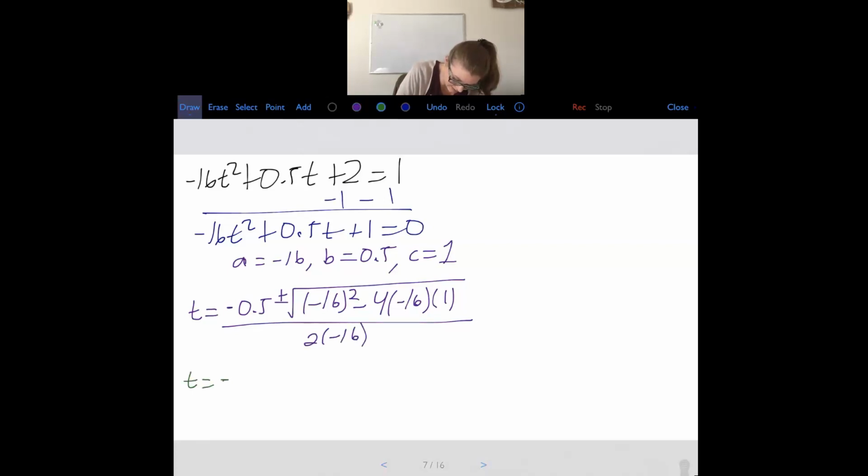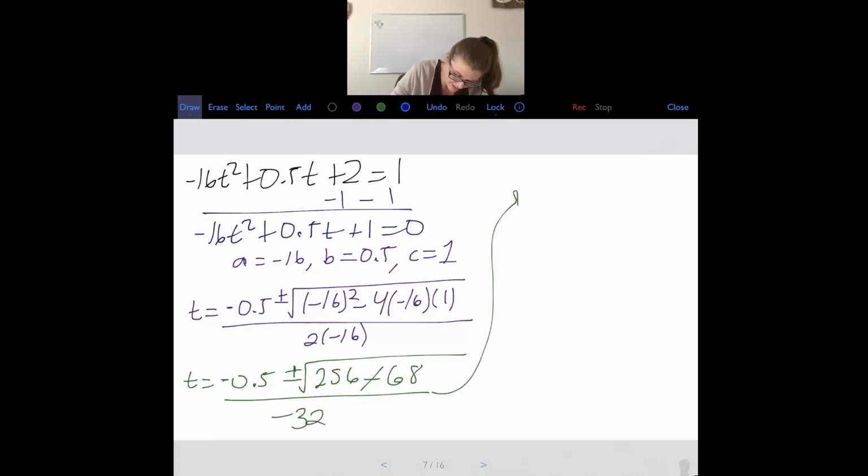t is equal to negative 0.5 plus or minus the square root. Negative 16 squared is 256. Then this becomes plus 68 over negative 32. So now I have t is equal to negative 0.5 plus or minus the square root of 320. Let me see, that's not right. It's not 320.